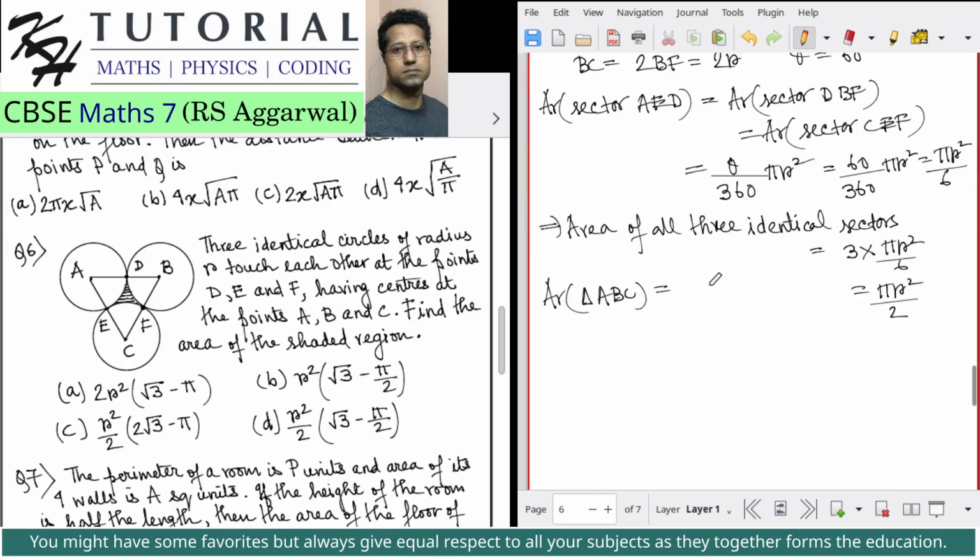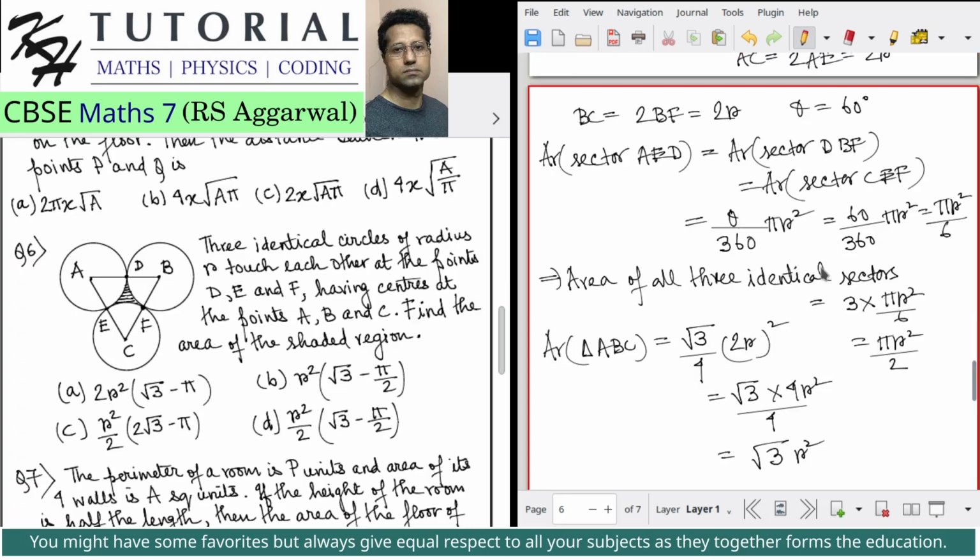We know the formula for the area of an equilateral triangle: square root of 3 divided by 4 multiplied by side square. In this case, the side is twice r. This is equal to square root of 3 multiplied by 4r square by 4, which is equal to square root of 3 r square.